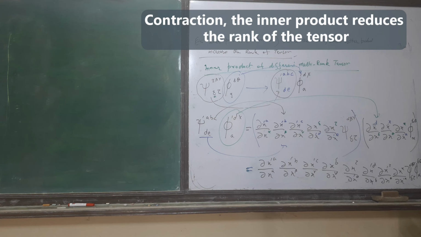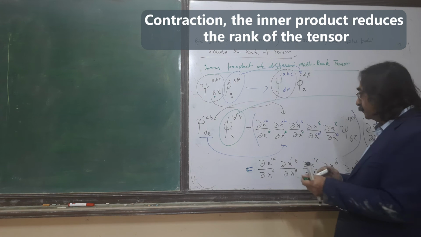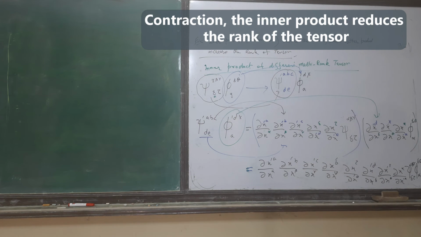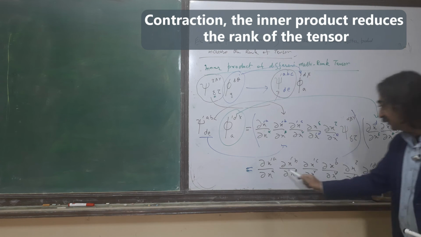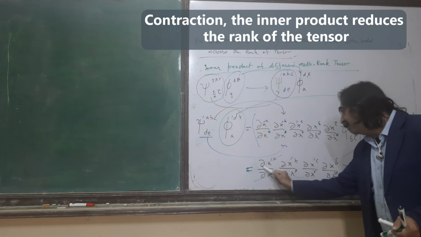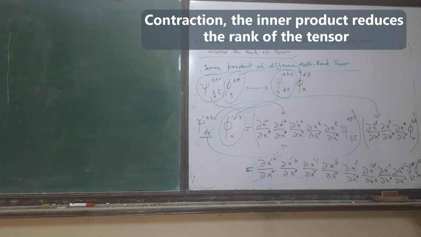There was a contraction between alpha and alpha. Where is alpha? This alpha will be cancelled with this alpha, and this A bar will be cancelled with this A bar.